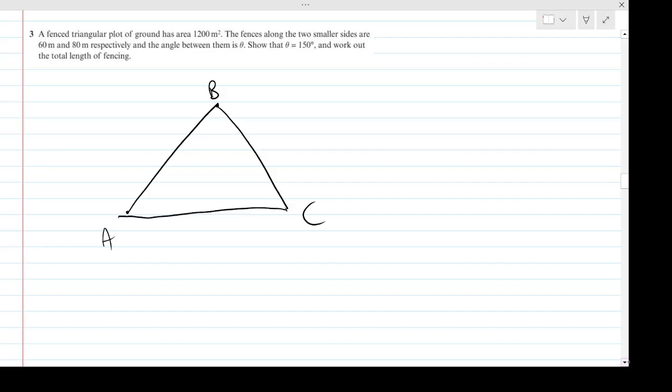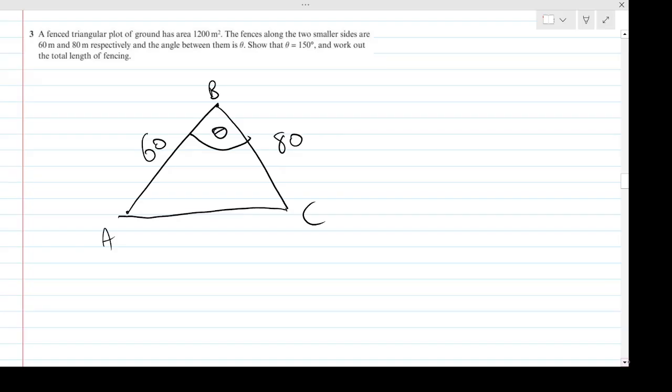You can call that side wherever you want. Let's say that's 60 and say that's 80. And the angle between them is theta. So that's going to be there. Show that theta is 150 and work out the total length of fencing.